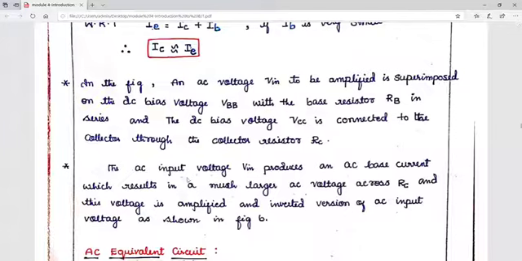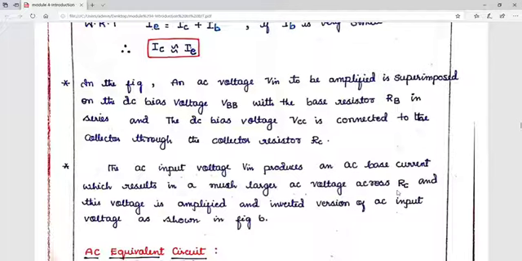Now the AC input Vin produces an AC base current, that is IB, which results in a much larger AC voltage across RC, and this voltage is an amplified, inverted version of the input voltage, as shown in figure B. Whatever the input voltage, it will produce one base current IB, and that IB times beta is your IC current.